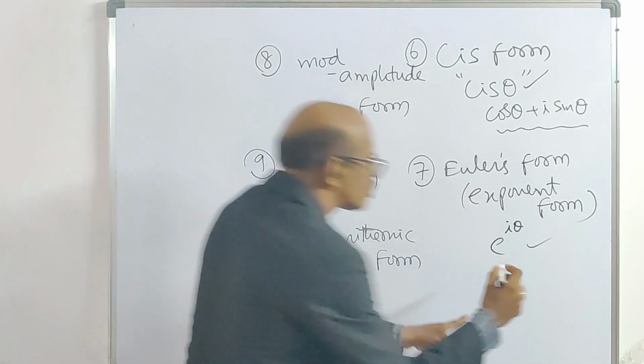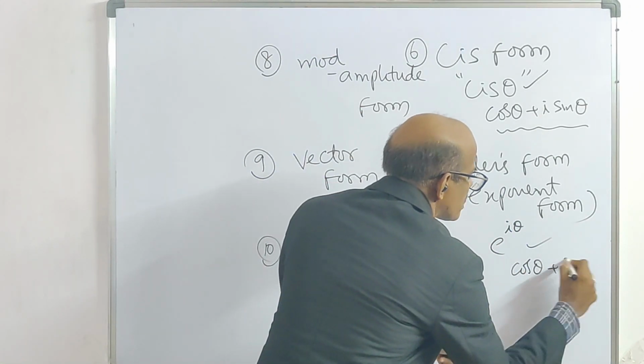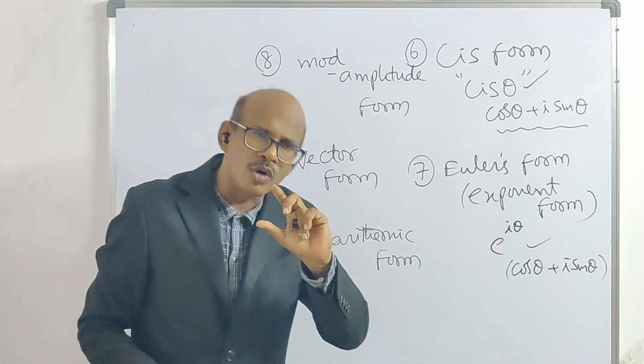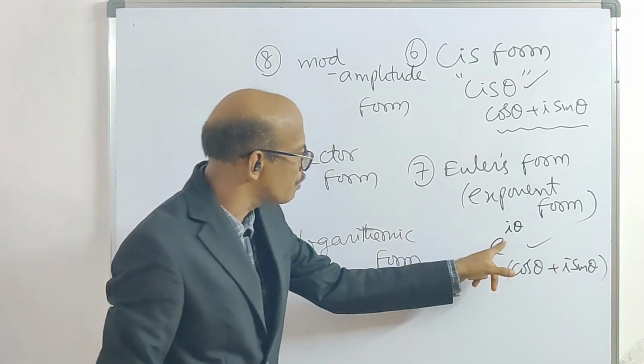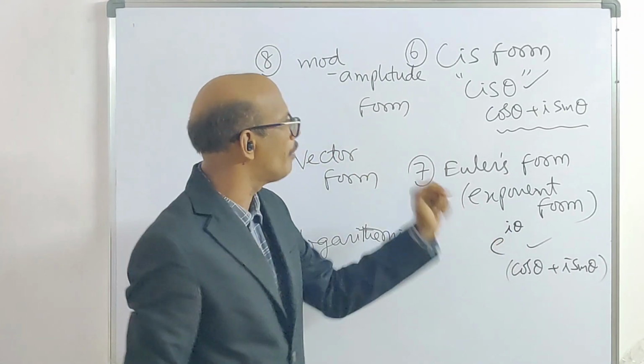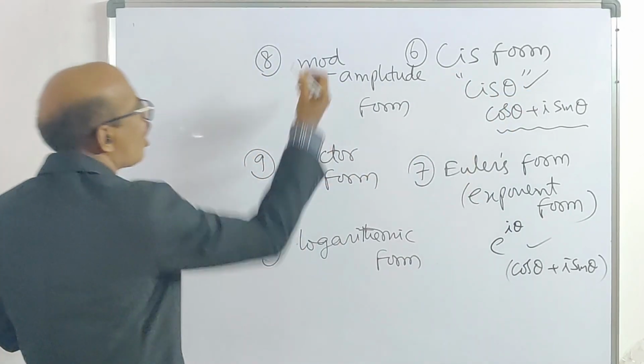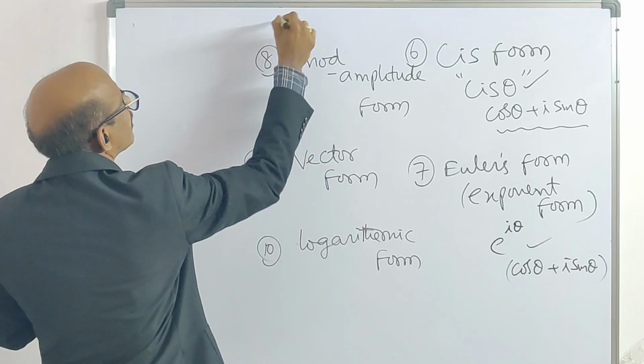E power i theta is also cos theta plus i sin theta, the simplification, but the notation is called exponent or Euler form. Here cis form is cos theta plus i sin theta. Mod amplitude form will be like this.